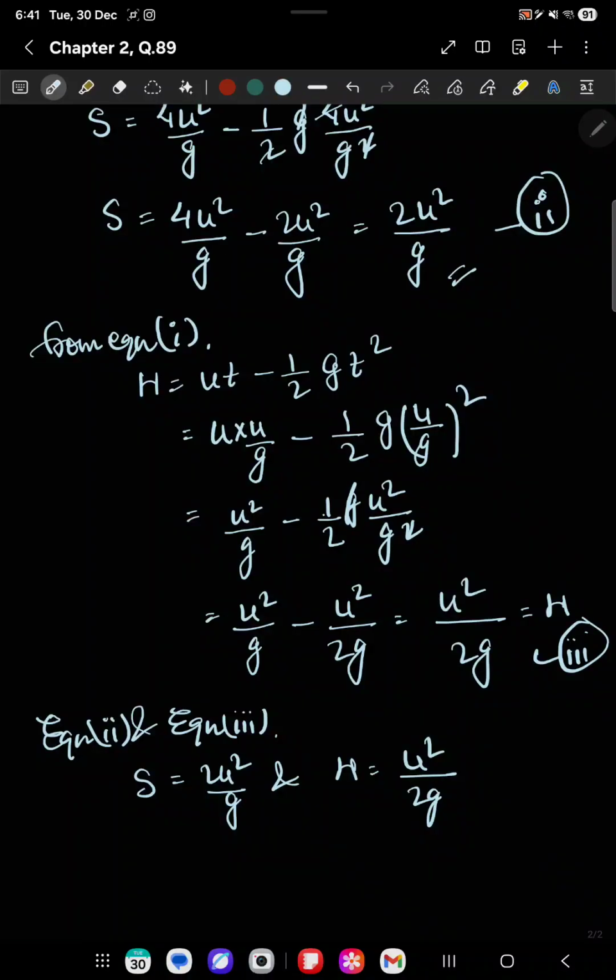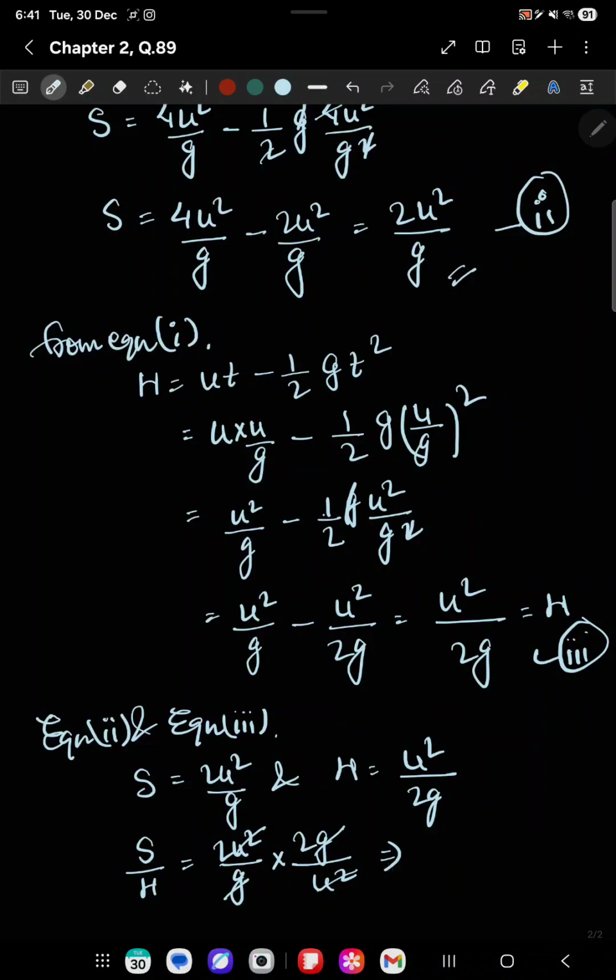We are just dividing both of these. So s upon h will be 2u square upon g into 2g upon u square. So g we can cut, u square we can cut.